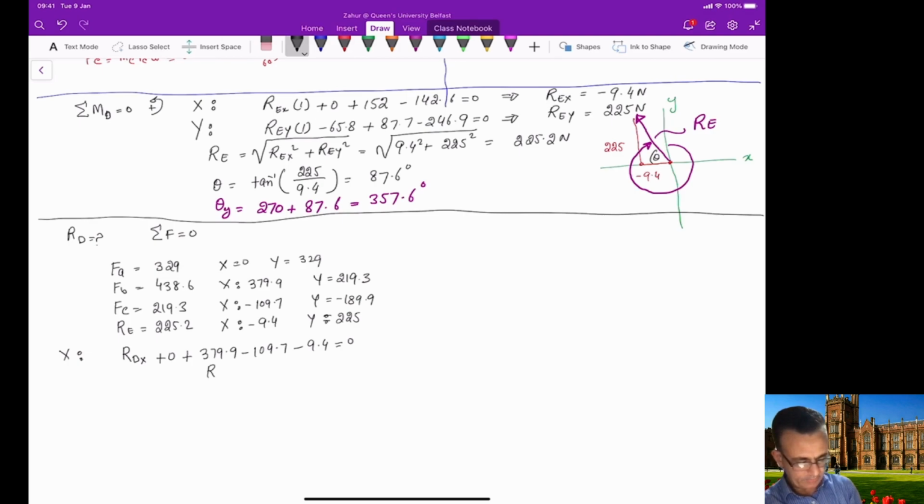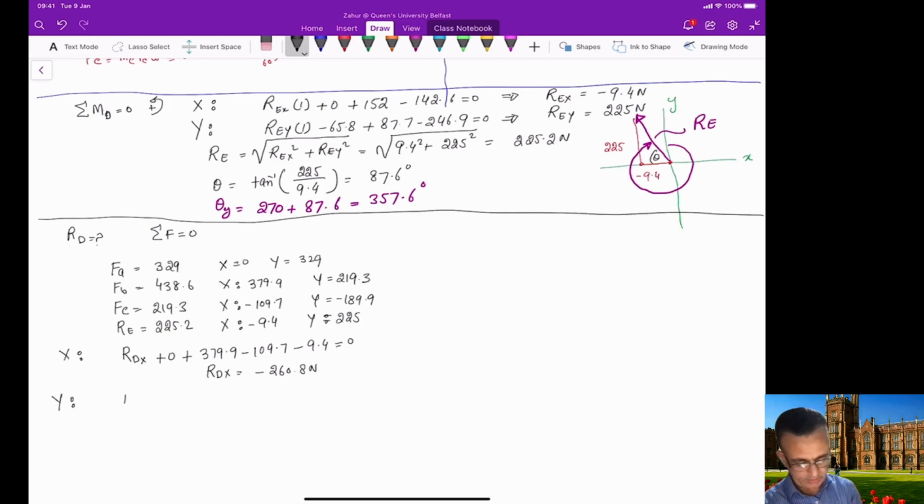So from here we can calculate RDx, which is going to be minus 260.8 Newton.